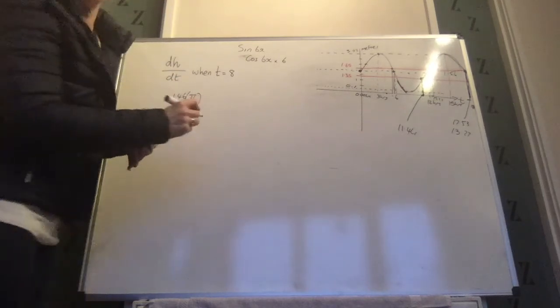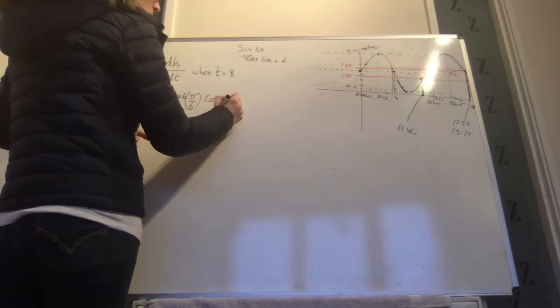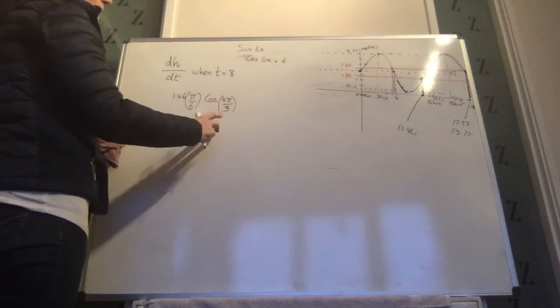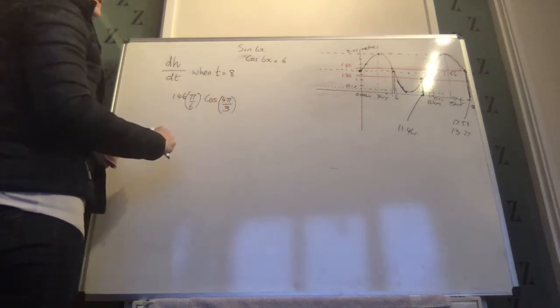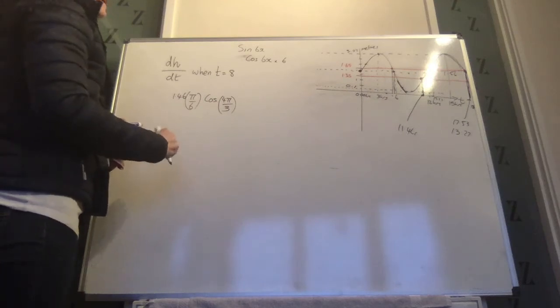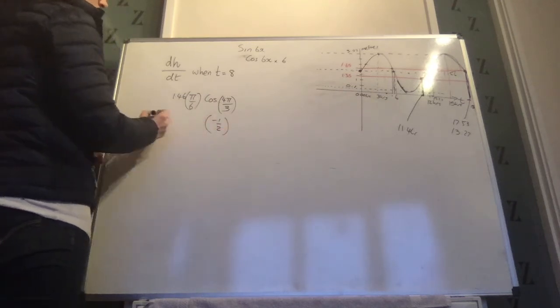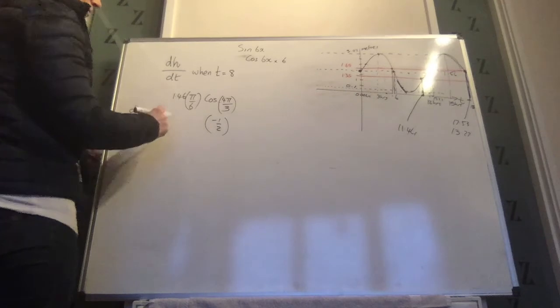Then we're going to have to multiply this out by cosine 4 pi over 3 when we put the 8 in. The cosine of 4 pi over 3 is minus the cosine of 60, I think we found. And the cosine of 60 is a half, so that's minus a half.